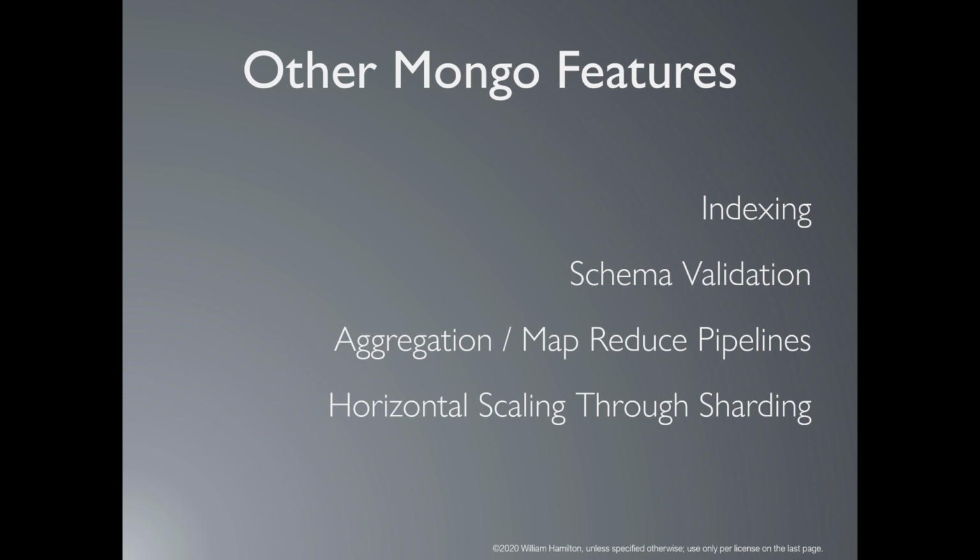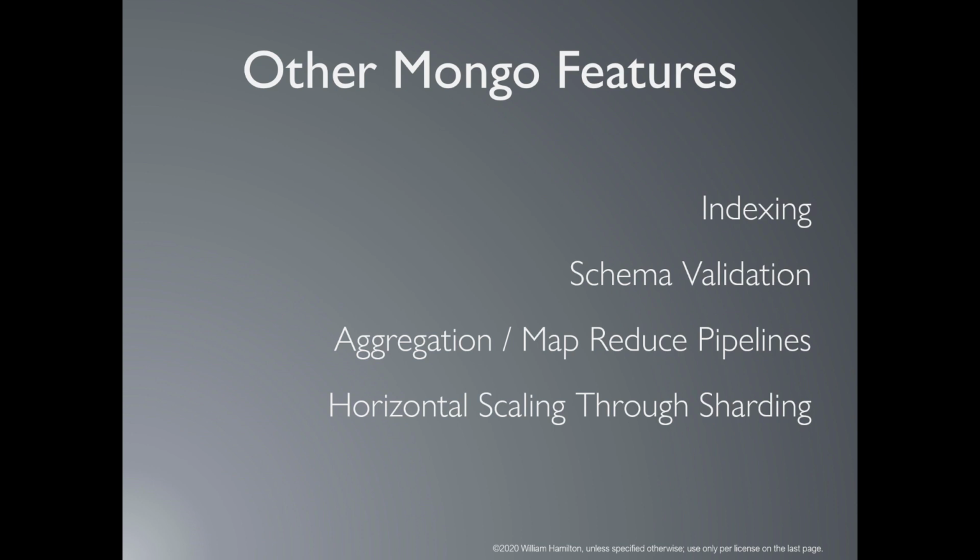Specifically, it has aggregation tools and what is called MapReduce, which are basically tools for helping you process large data sets and doing things like counting or making collections or grouping pieces of data together.